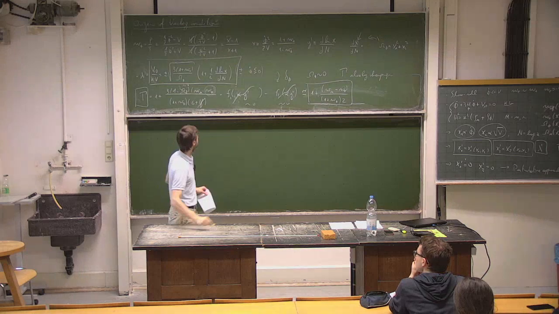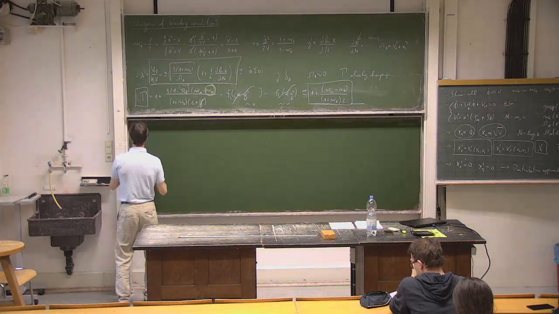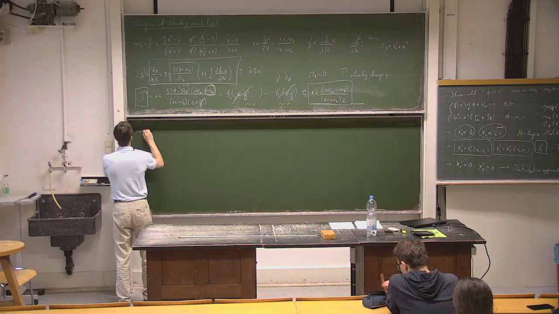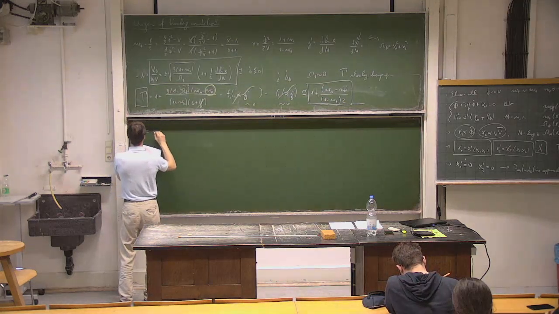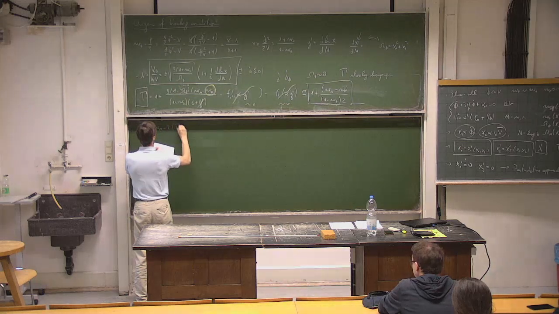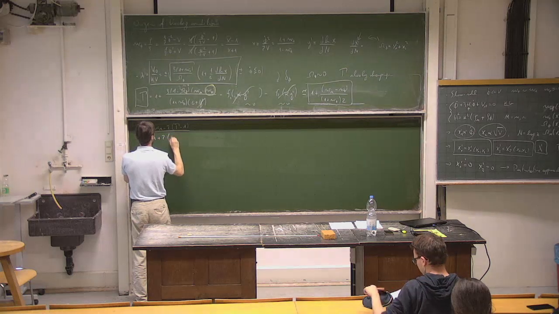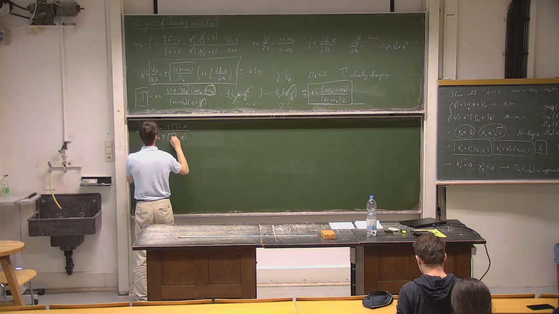So let's do that. Let's take out this term, and we get W phi, which is approximately Wm minus 2 gamma minus 1 divided by 1 plus 2 gamma minus 1.